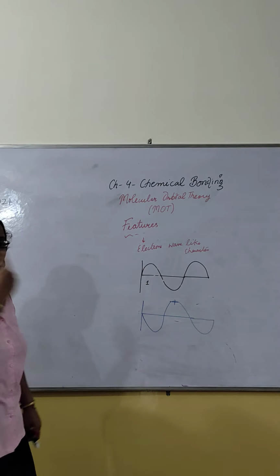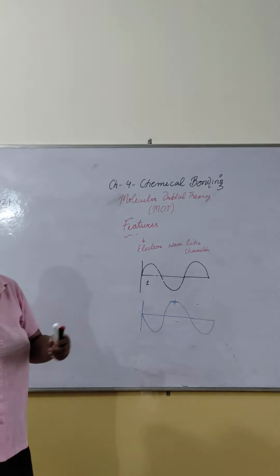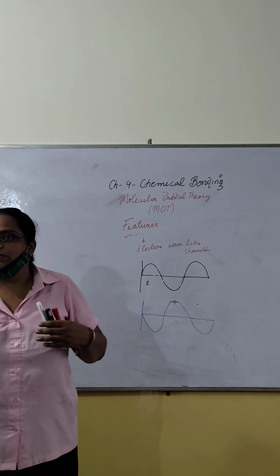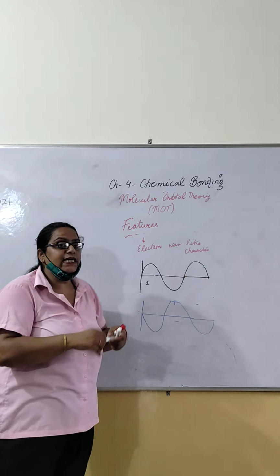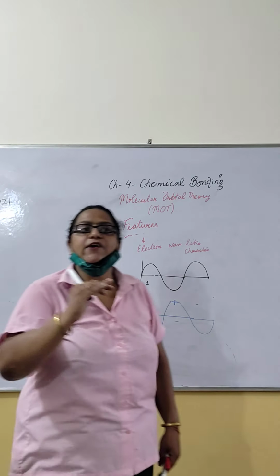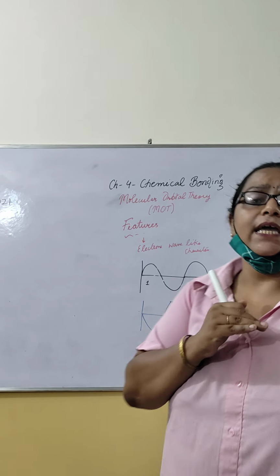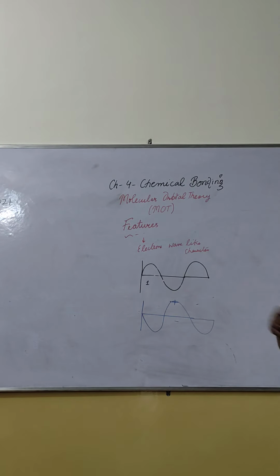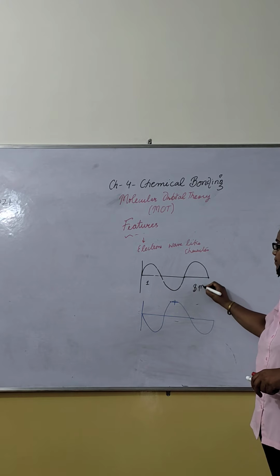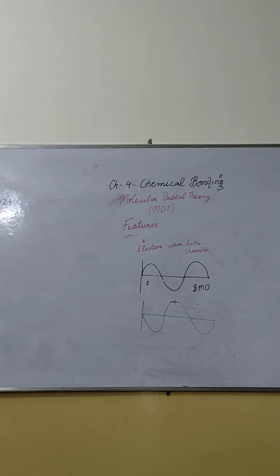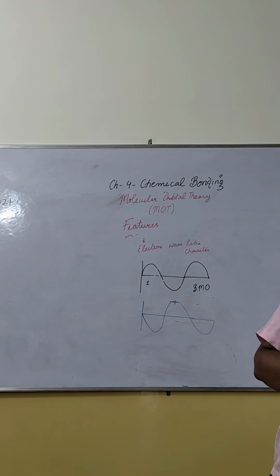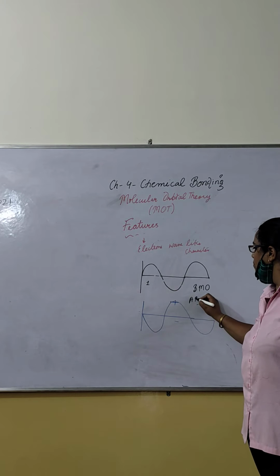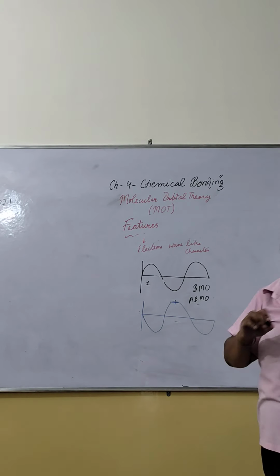And they will form the bonding and anti-bonding orbitals. Those that undergo constructive interference will form the bonding molecular orbitals. And those that undergo destructive interference, the name of that orbital is anti-bonding molecular orbital.